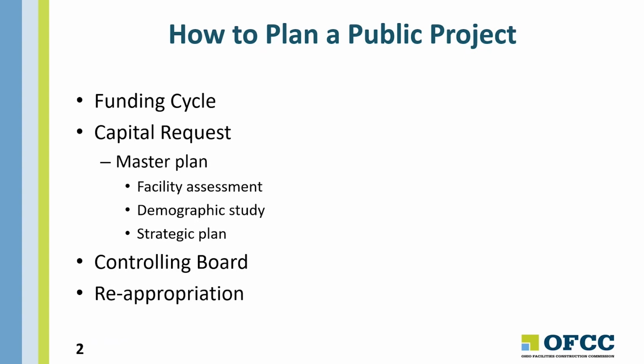We'll talk about the stages of master planning, including a facility assessment, any demographic studies that might be necessary to study the area your institution is located and its taxing district, if applicable. Talk about how to incorporate your strategic plan into that master planning process. And then we'll talk about the controlling board briefly, and then we'll also cover the reappropriation cycle as well.